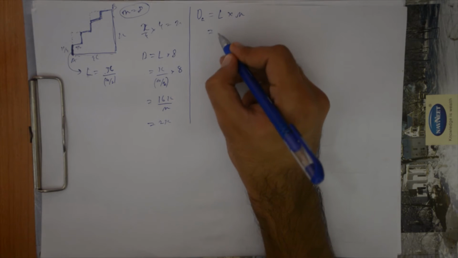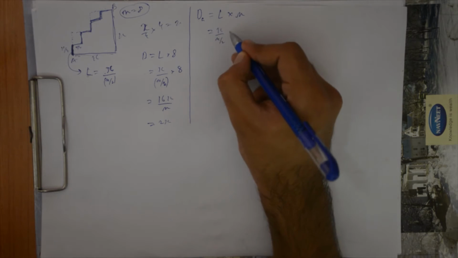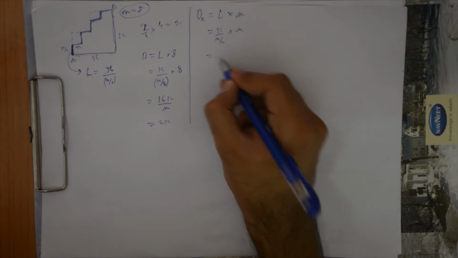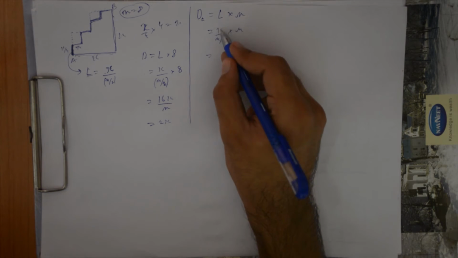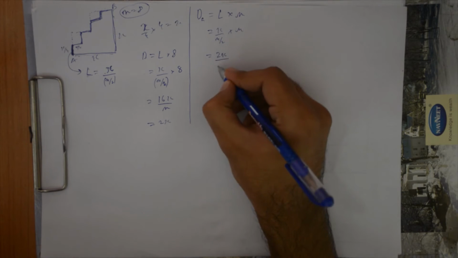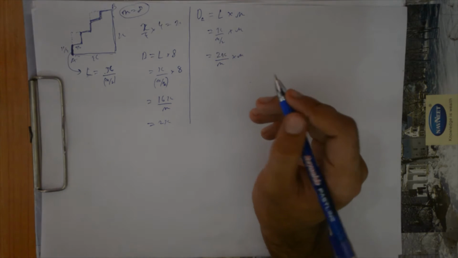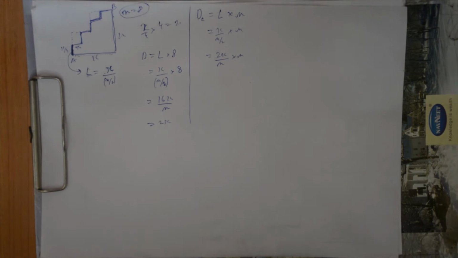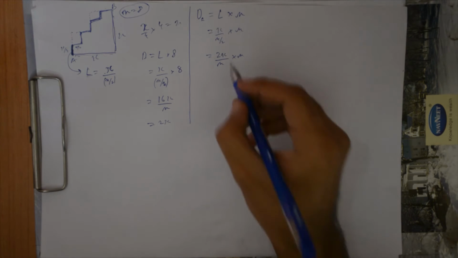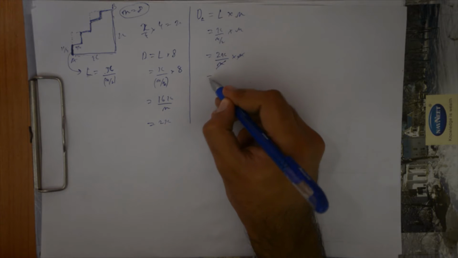Now let us put the value of L into the equation, which is x upon n by 2, into n, and we rearrange this, 2 will go up, and it will turn out to be 2x upon n into n. And let us see one thing, that this n can be cancelled out, obviously, because n divided by n is 1.